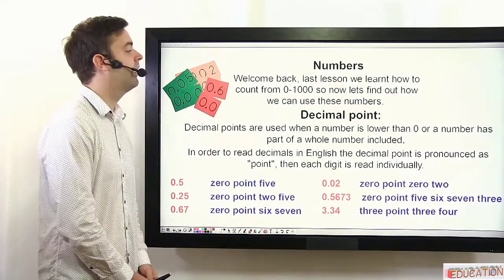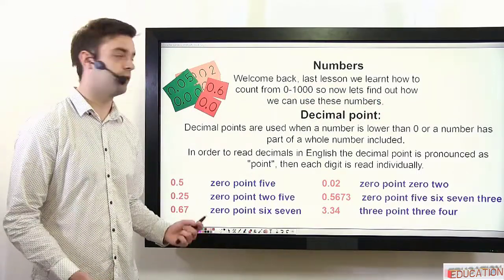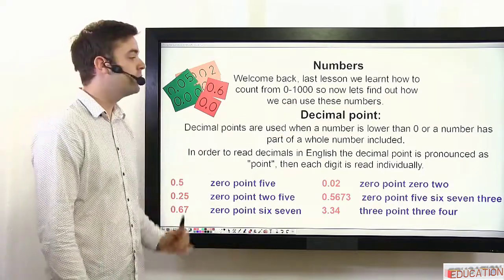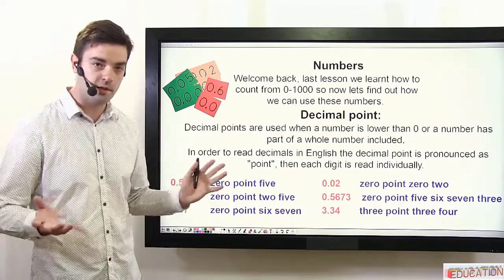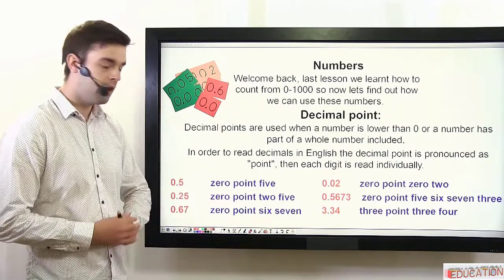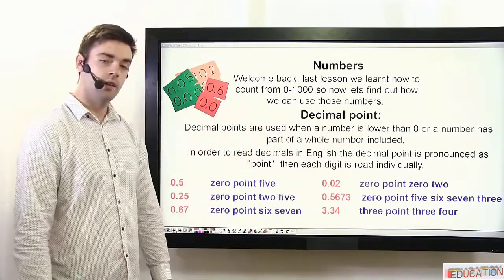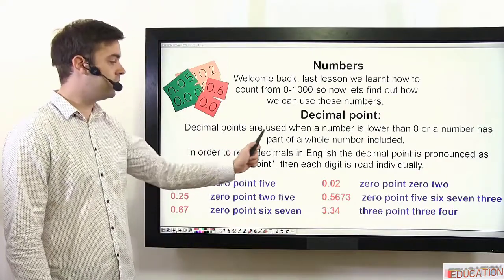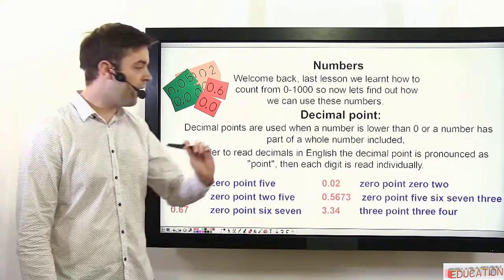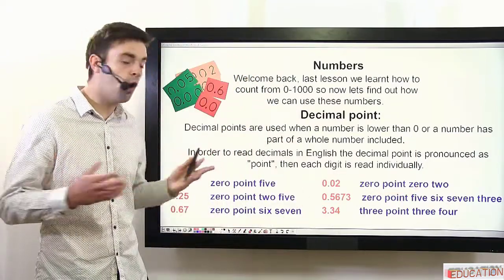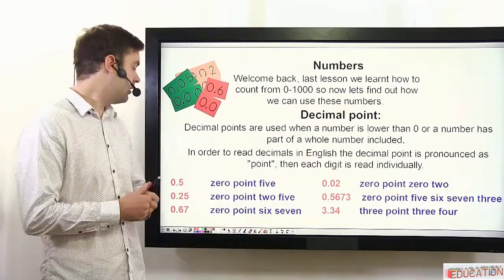Welcome back. Last lesson, we learned how to count from 0 to 1000. So now let's find out how we can use these numbers. Let's have a look at decimal point. Decimal points are used when a number is lower than 0, or a number has part of a whole number included.